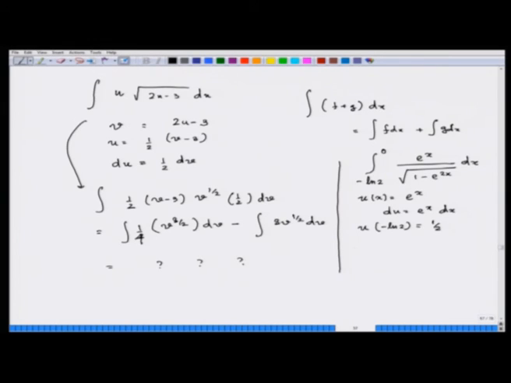So, basically this integral will become the integral from half to 1 of du over root over 1 minus u square, and we know the antiderivative is sine inverse u. Plus c is not required, because you can cancel out the c from both the cases.